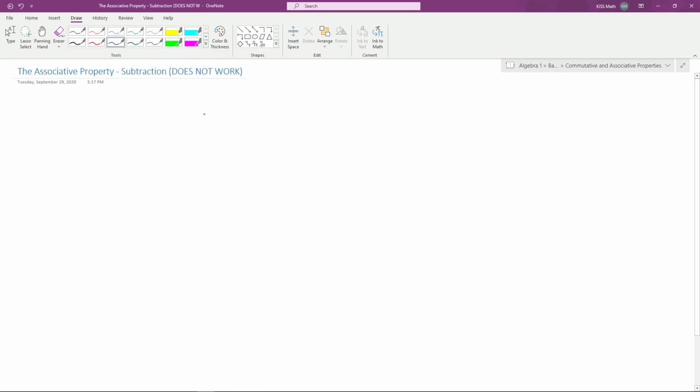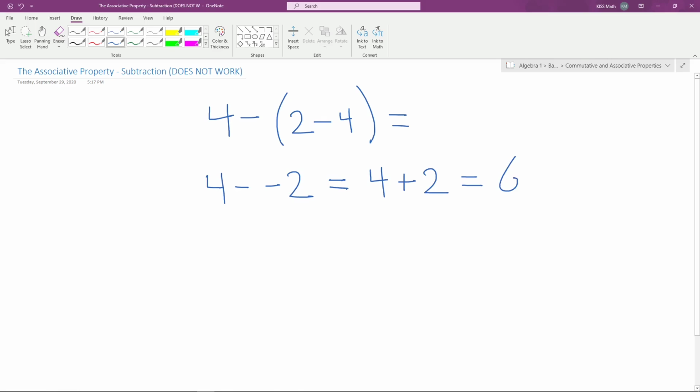And again, subtraction and division are always the ones that give us problems. And so it's only fitting that the associative property does not work with them. So let's look at 4 minus parentheses 2 minus 4. If we evaluate the parentheses first, we would get 2 minus 4, which is a -2. So we would have 4 minus a -2. We know subtracting a negative number is the same as adding that number, so we get a 6.